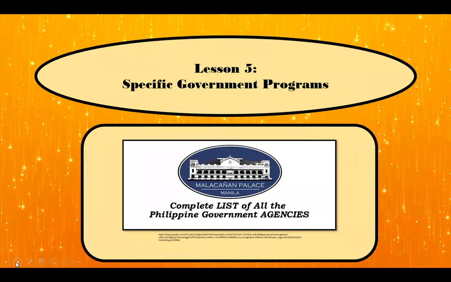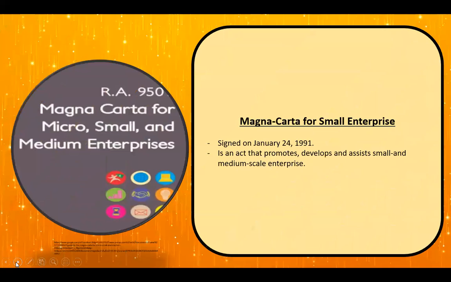Okay, so the next subtopic under business planning is about specific government programs. As I've said a while ago, we have the Magna Carta for Small Enterprise. The Magna Carta for Small Enterprise, signed on January 24, 1991, is an act that promotes, develops, and assists small and medium-scale enterprise.